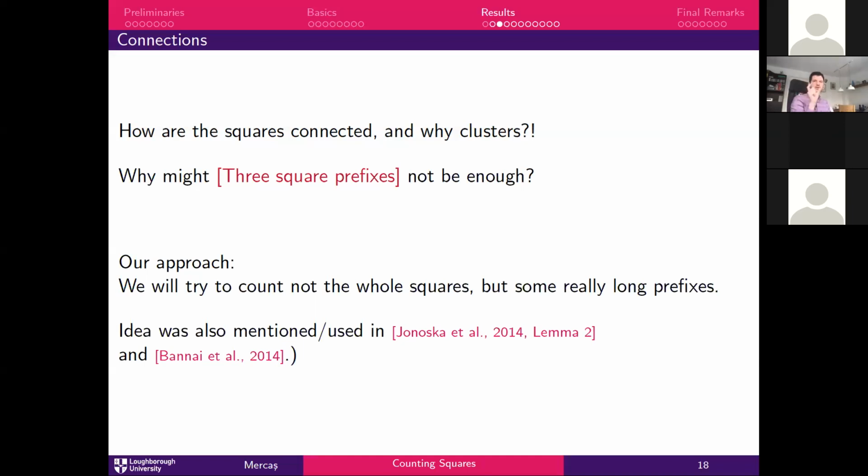And then they were looking at the position of the Lyndon root and showing that for that certain position, you can't have more than two runs associated with one position. So what we did here is, again, look at some really long prefix and try to show that for every long prefix, we can associate uniquely a position.